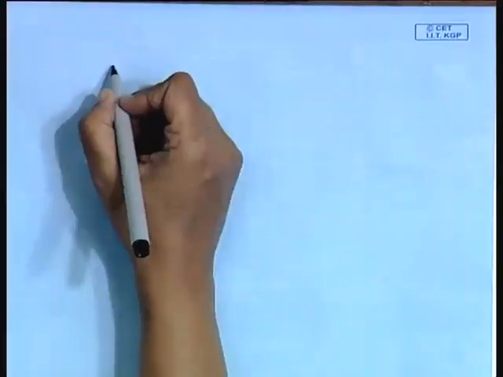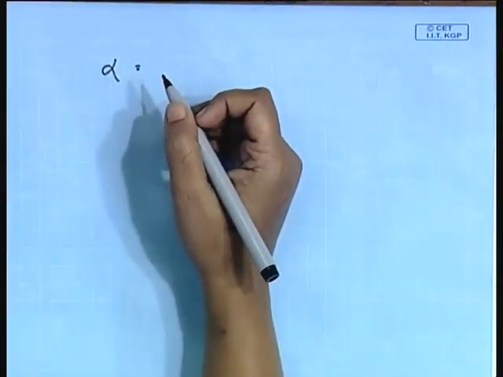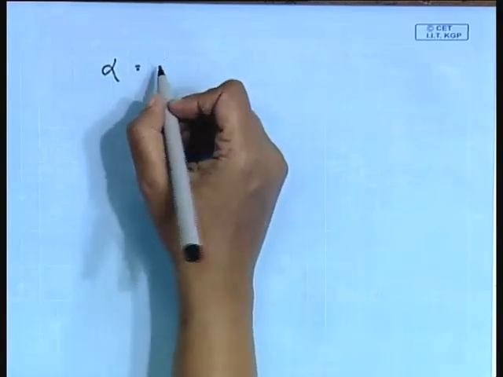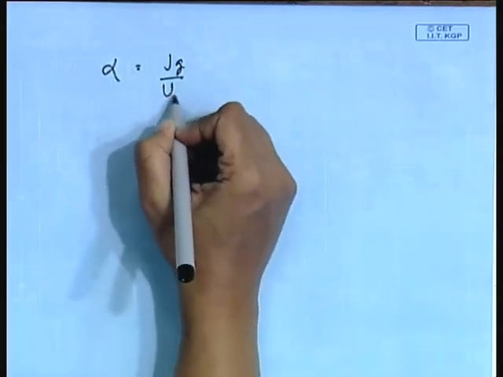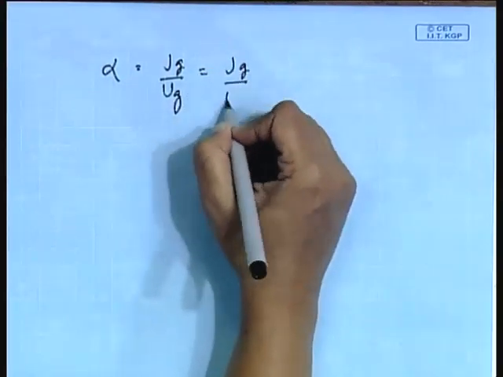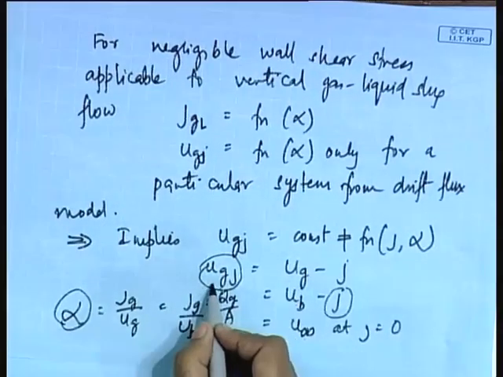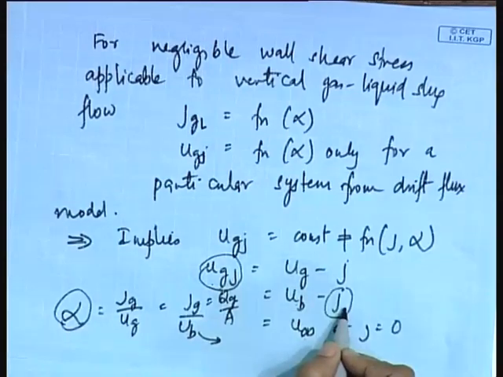So, for finding out alpha, what do we need? As I have told, it is just Jg by Ug, as I had written down, which is nothing but Jg by Ub, the bubble velocity. And what is the bubble velocity? Bubble velocity is nothing but UGJ plus J, isn't it?